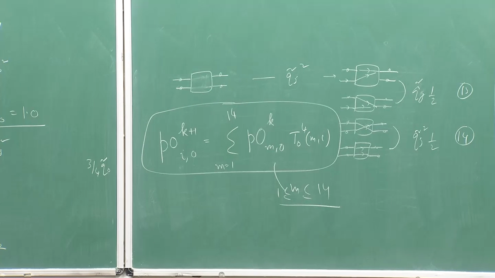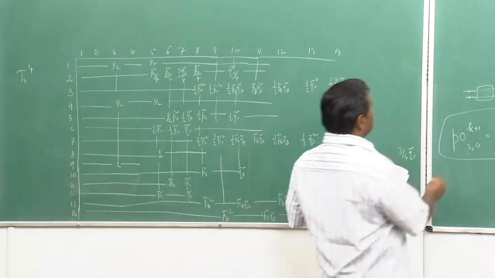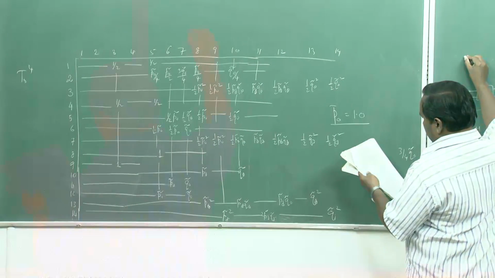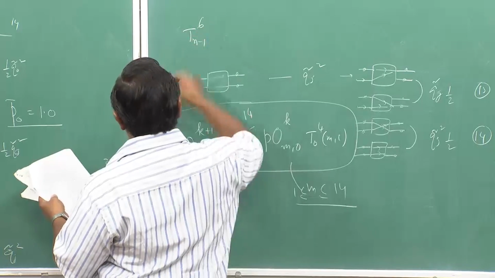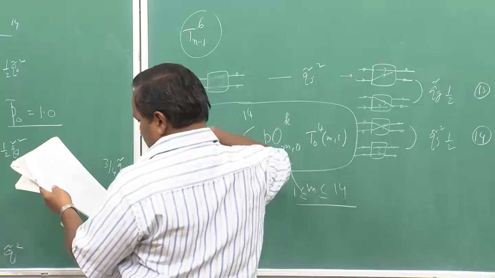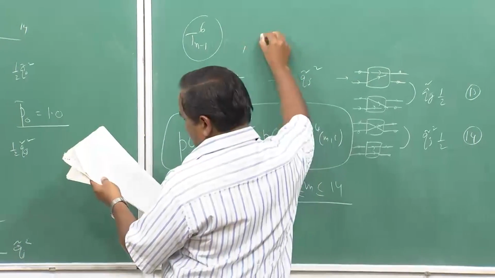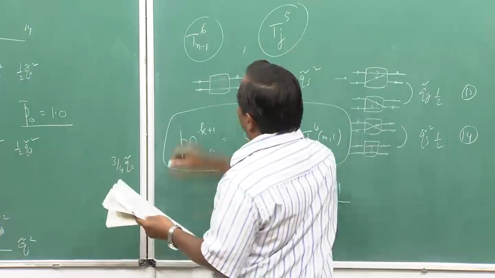So, similarly we can actually write down the equations for state 6 transition matrix, we write for the n minus first stage. So, we call it transition matrix 6, then we can write down 1 for in general and we call it transition matrix 5.